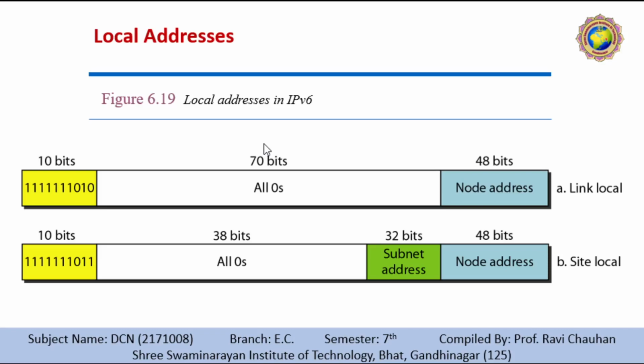Two types of addresses are defined for this purpose. You can see in this figure a link local and a site local address. A link local address is used in an isolated subnet, and a site local address is used in an isolated site with several subnets.